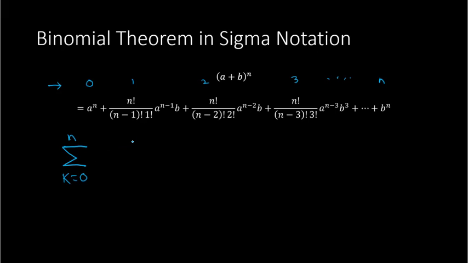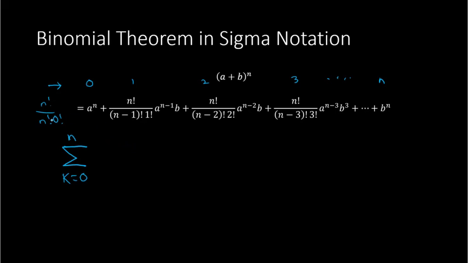Now from here we want to figure out a pattern with the coefficients and then with the variables. With the coefficients, notice that the numerators will always be n factorial. Even with the first term, remember we said that is the same thing as n factorial over n factorial times 0 factorial.